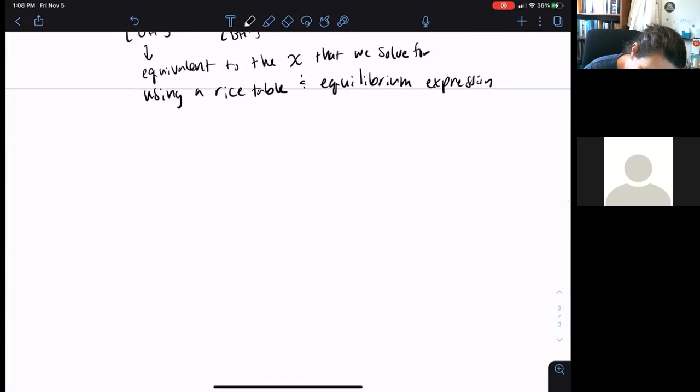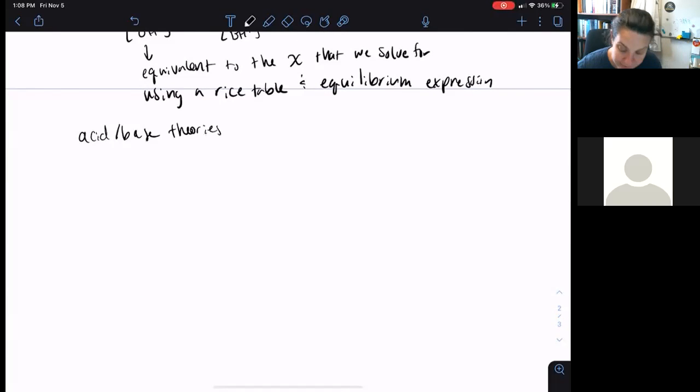So another thing we're going to look at is our acid-base theories. So we looked at our Arrhenius definition or theory.